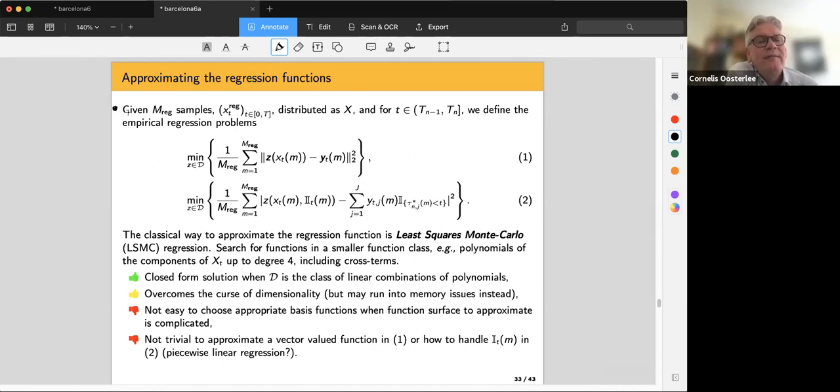So given M regression samples distributed as X and little t in T_n, we define the following empirical regression problems.